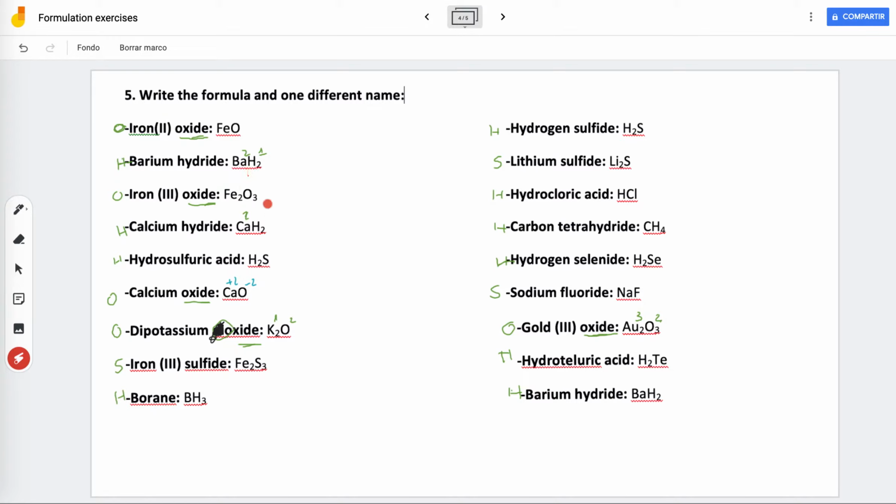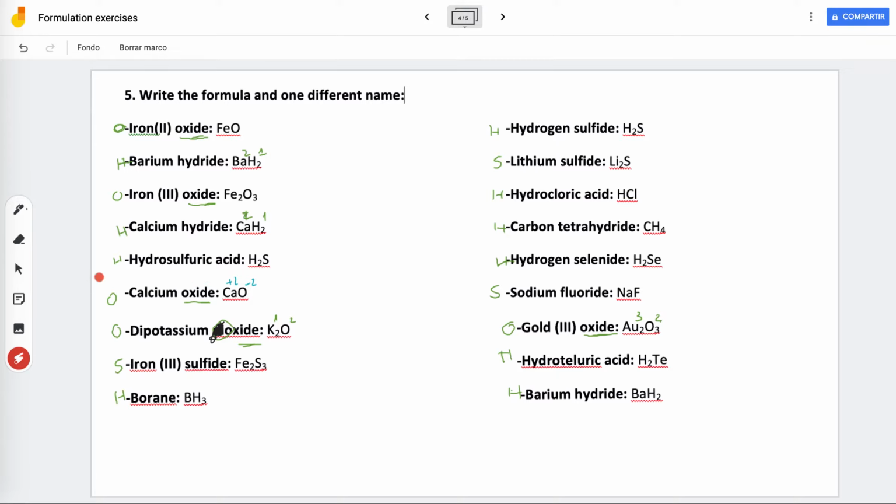The 1 we don't write it. It disappears. Okay. Next, calcium again is a 2 and hydrogen 1. So again, we don't write the 1, but we write the 2 from the calcium here.